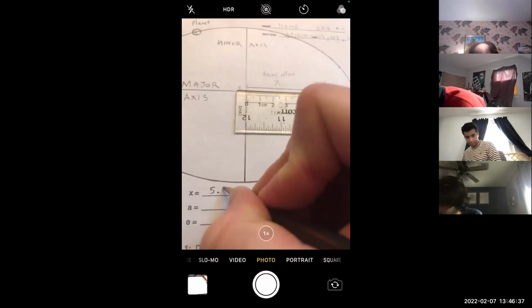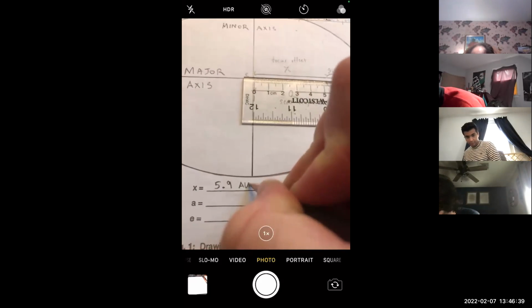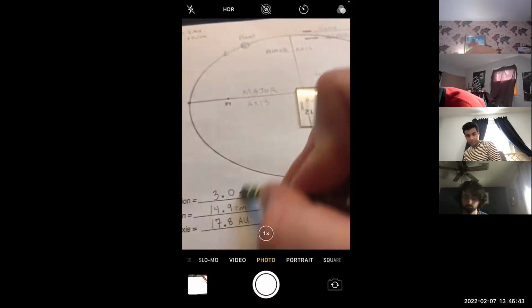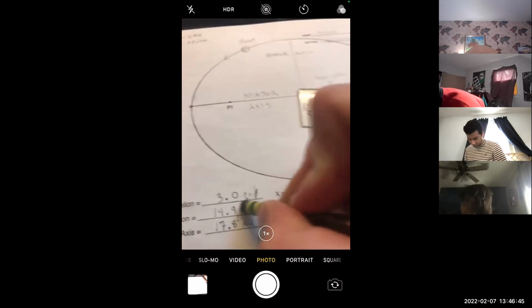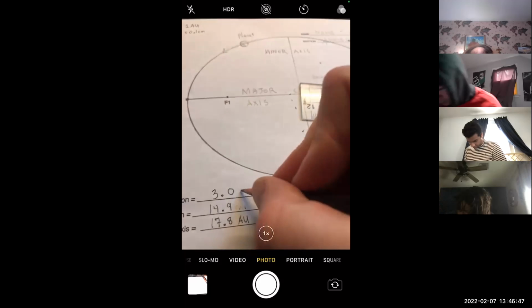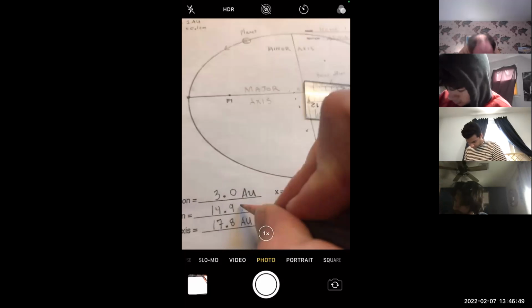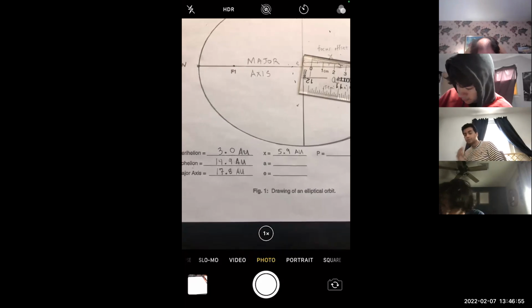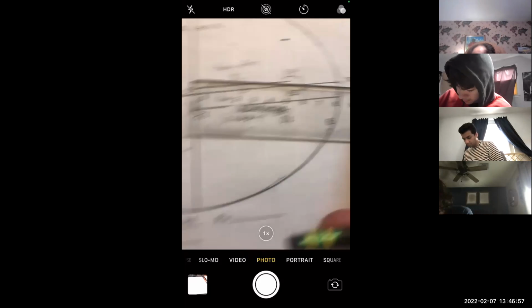Oh, I guess I should stay consistent here. If 1 centimeter is equal to 1 AU, to make it more planet-like, I'm going to make it AU. Sorry, I was mixing and matching there. Okay.